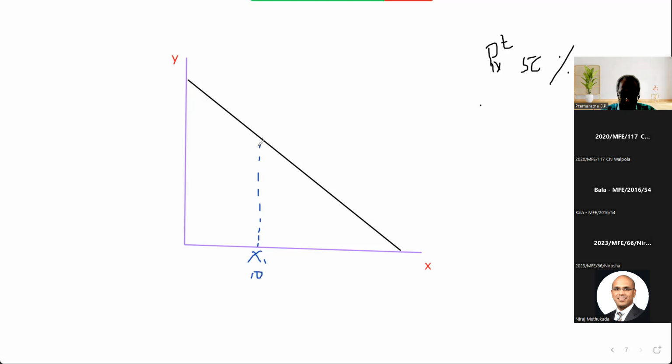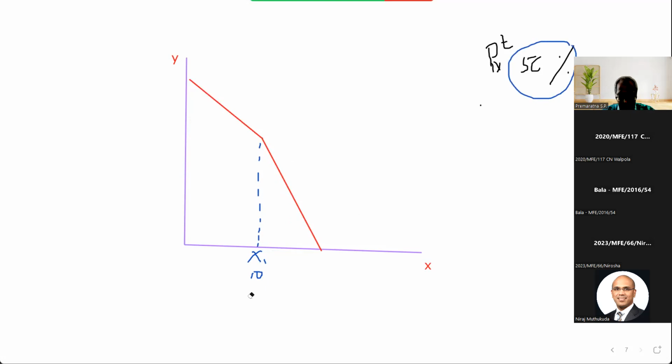If you buy more than that, you have to pay 50% tax. So in that case, the budget line kinks here, comes up to the same point, and after that, the budget line is like that.